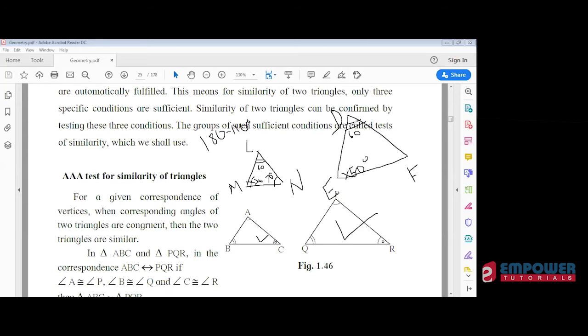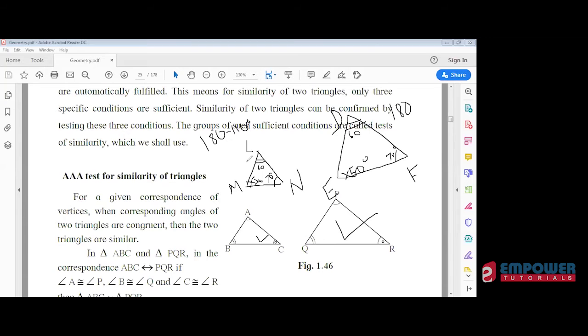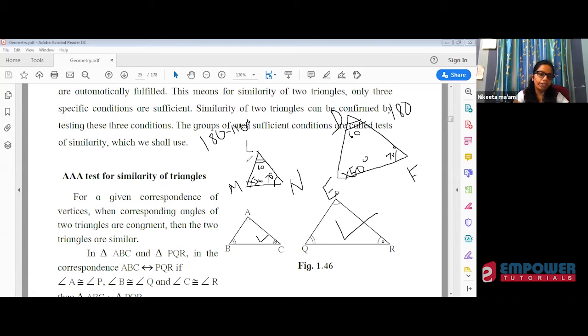If I have two angles out of 3, and what I know is that the sum of angles of a triangle is 180, right? So don't you feel this will be equal to 70 only? So if you are saying two angles of our triangles are congruent, ultimately the third angle will be congruent, because your two angles are already congruent.